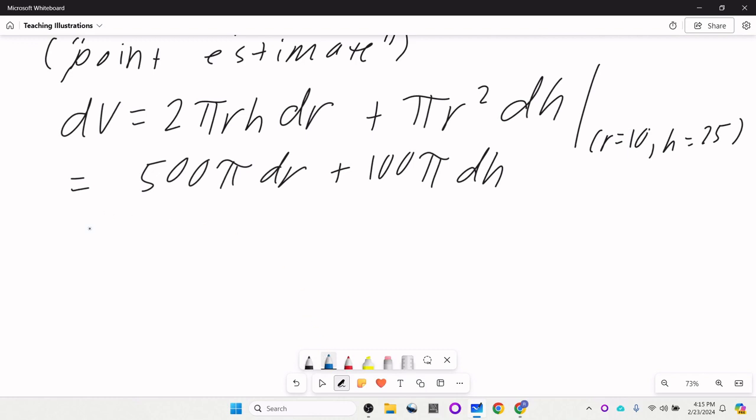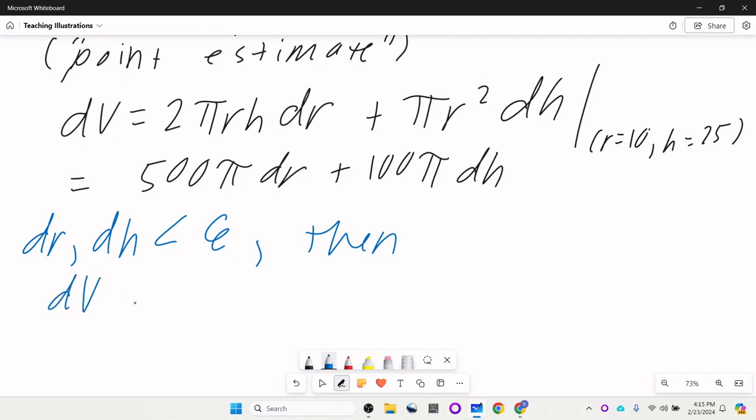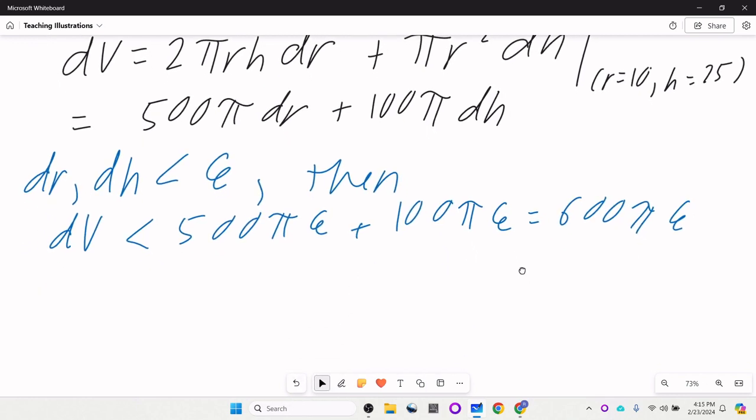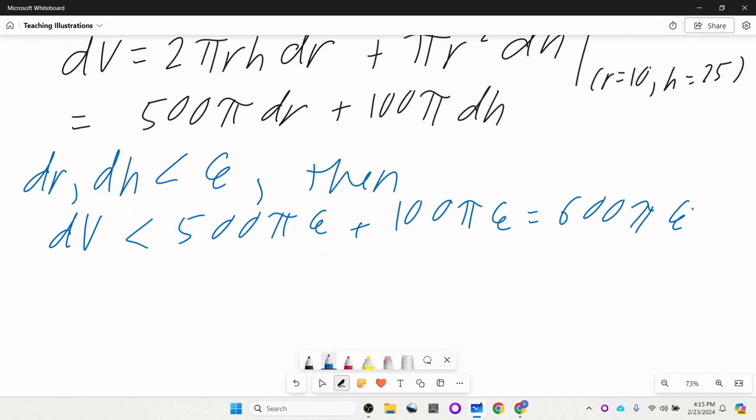Now if we say our ruler is off by an epsilon, so if dr and dh are both less than epsilon, then dV is going to be less than 500 pi epsilon plus 100 pi epsilon, or 600 pi epsilon. So the error is less than 600 times pi times whatever the individual errors were, and it would be centimeters cubed because it's volume.